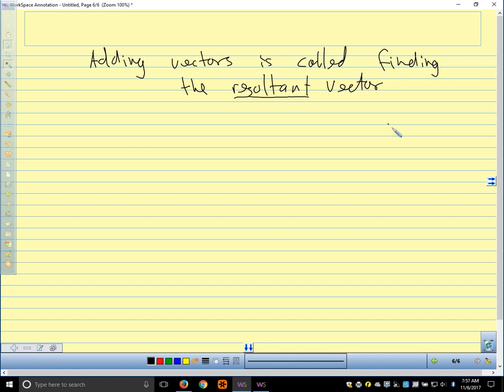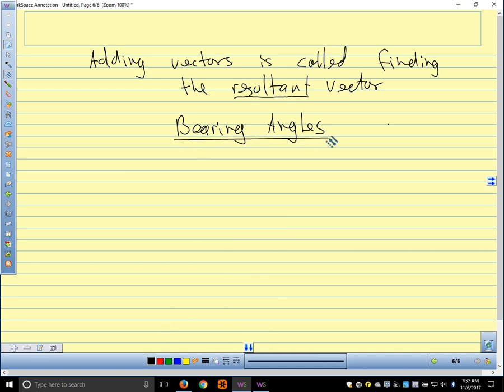All right. One last piece of information, I think, is all I need to do. You may see problems that describe vectors based on their bearing. Different spelling for bearing. Bearing angles. You'll see them two ways.